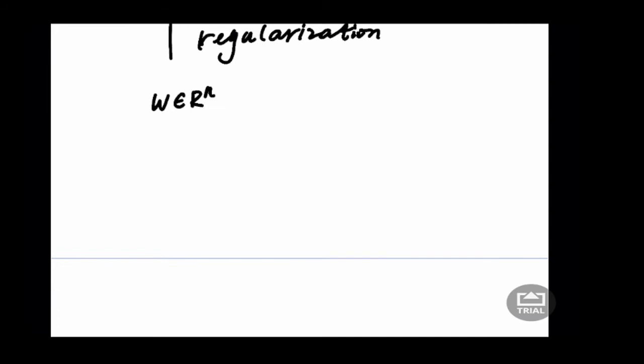Let's write out the modified loss function. After applying the regularization term, it's L of W plus lambda G of W. L of W is the original loss function.